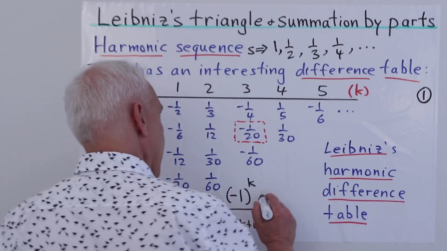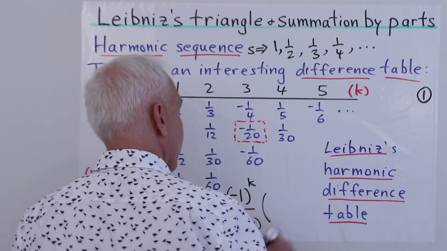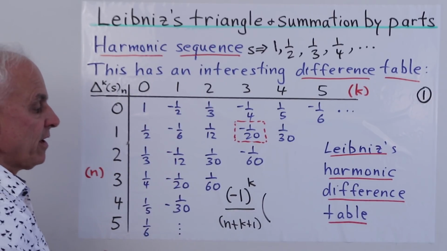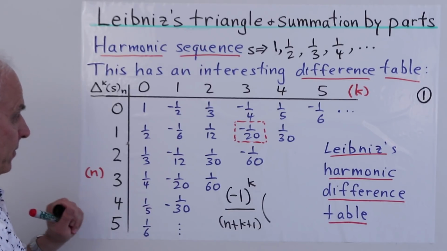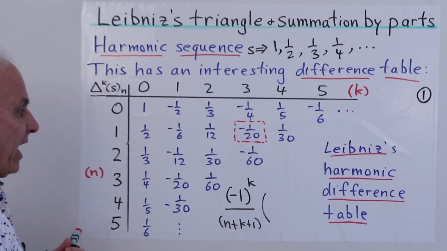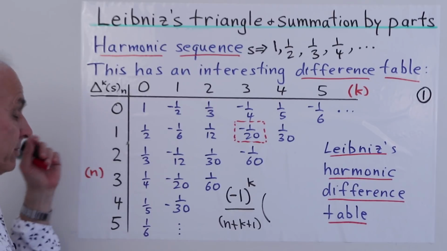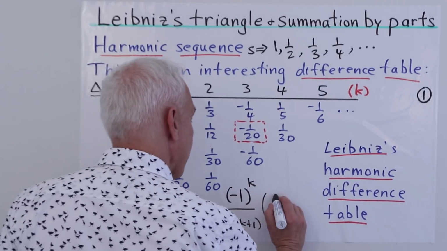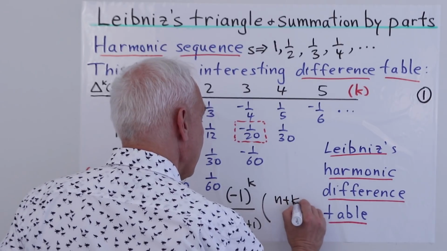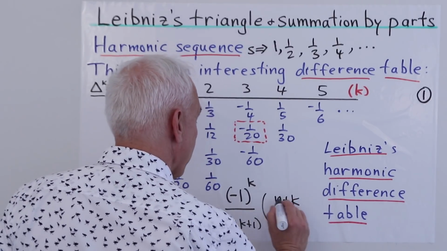So what we're getting here in the denominator is a binomial coefficient. The binomial coefficient is n plus k, choose, well, either n or k.